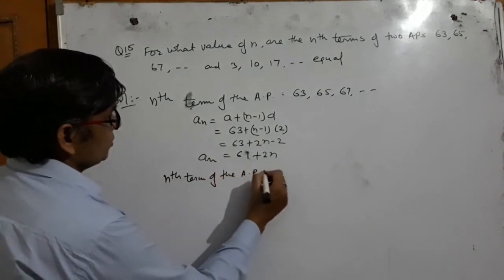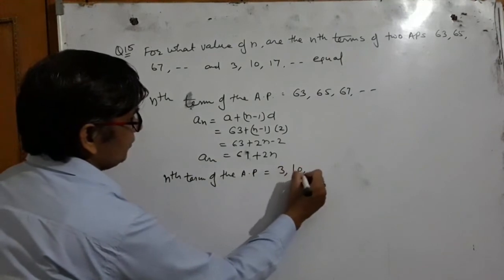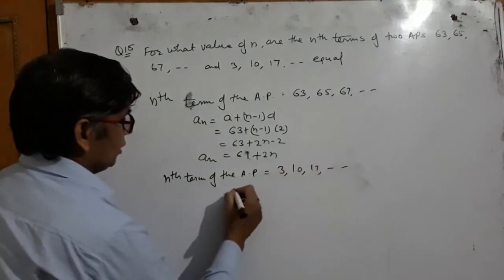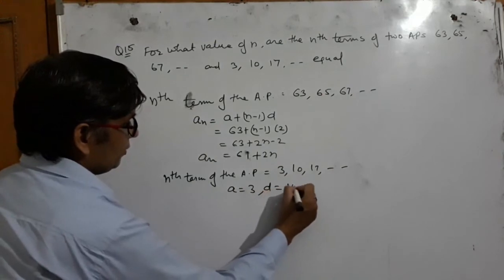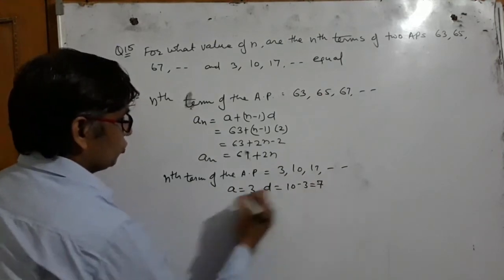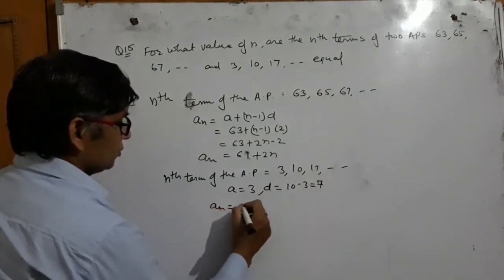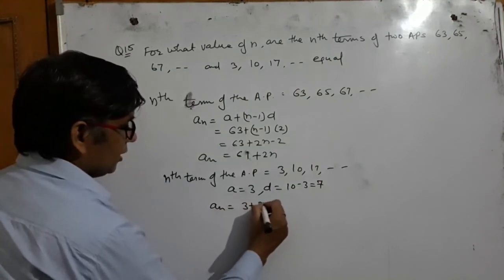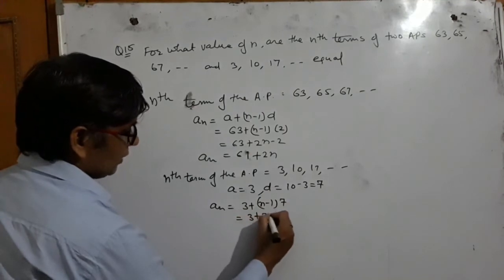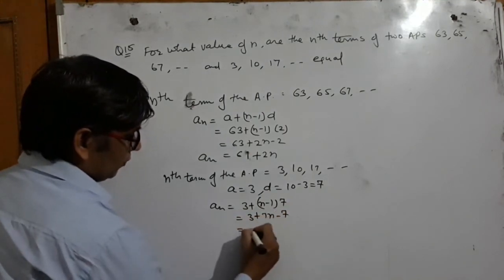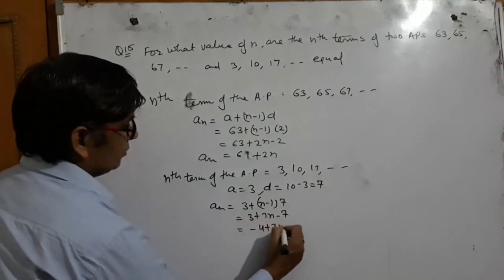Second AP is 3, 10, 17 and so on. A is 3, D is 10 minus 3 is 7. So an equals to 3 plus n minus 1 into 7. So 3 plus 7n minus 7. So minus 4 plus 7n.